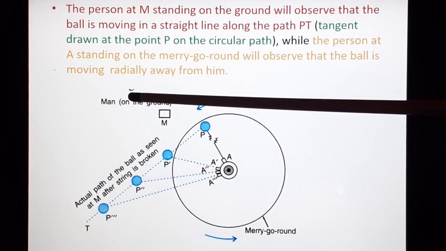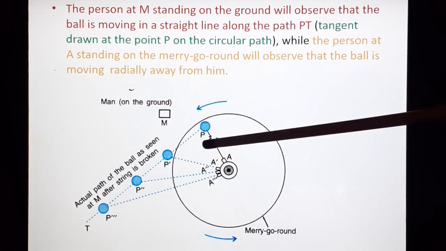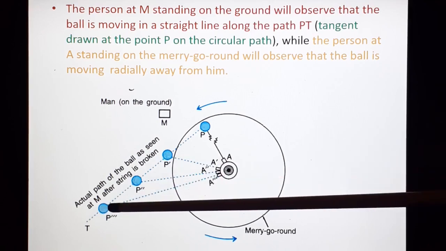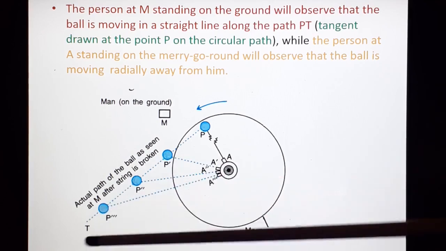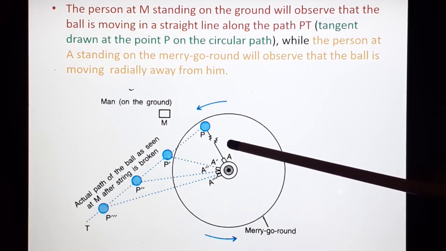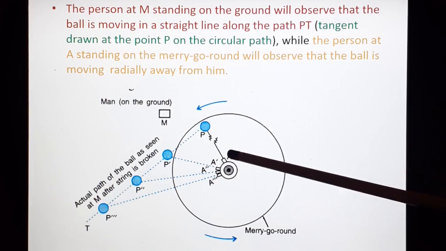That the bob was under centripetal force and it was performing uniform circular motion. And when the string was cut, centripetal force stopped acting and the bob started moving along the tangent.